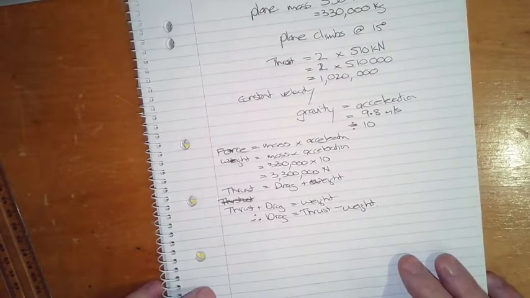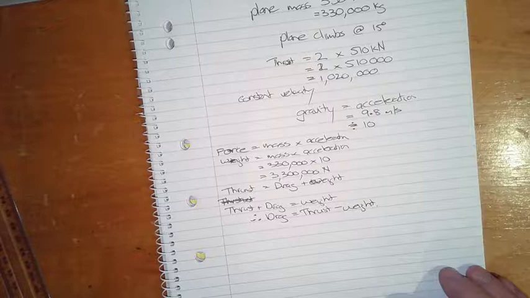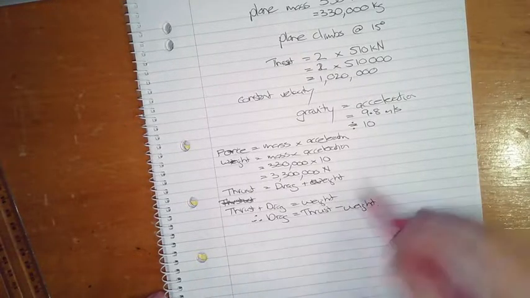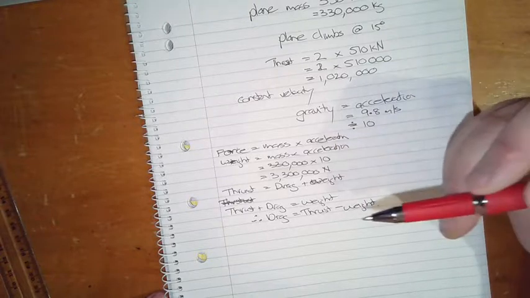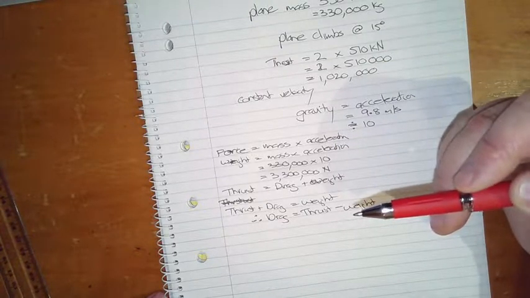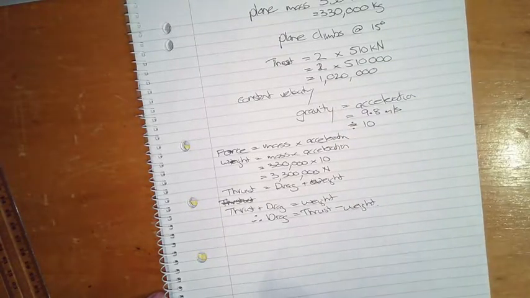Okay. So hopefully that was quite simple in that process, but now we can start putting all of these numbers in to get this scenario out. The drag is what we're trying to find.